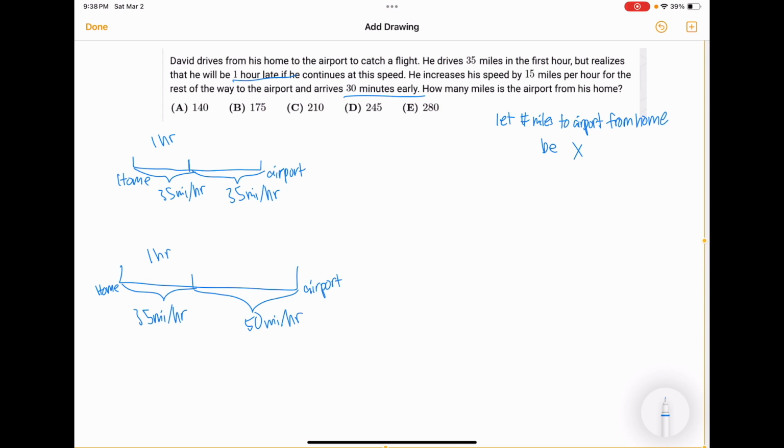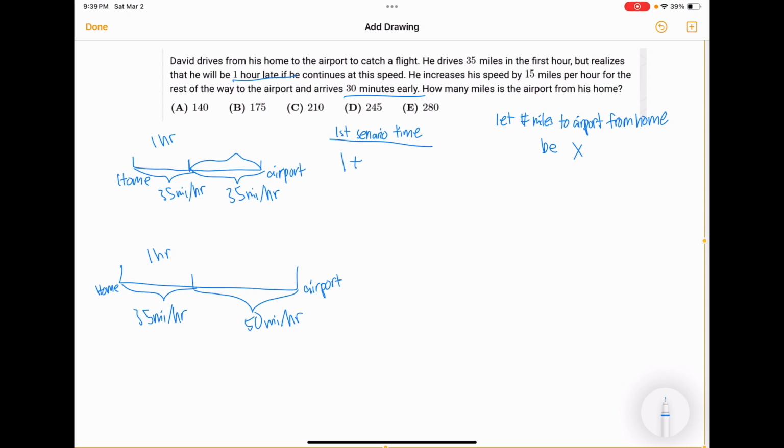So how do we express his time in the first scenario? Well, we already know that he starts off already at 1 hour, so it would be 1. And then we can add that to the remaining time, which we don't know. But we do know that distance over speed equals time.